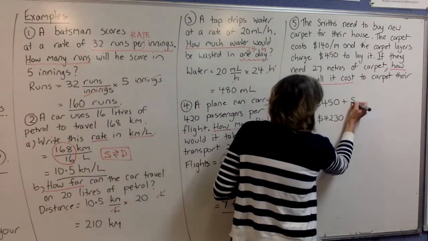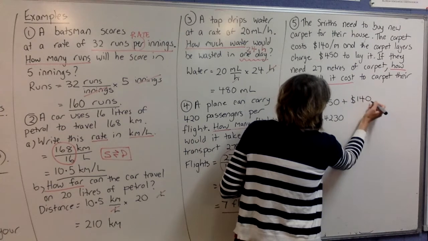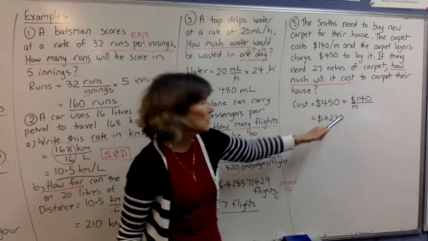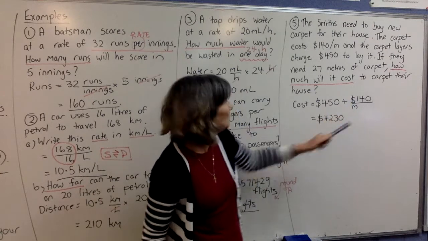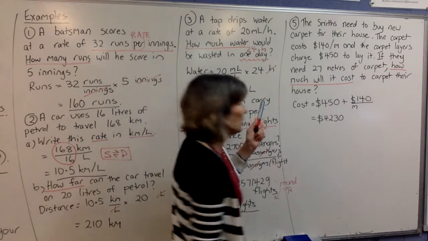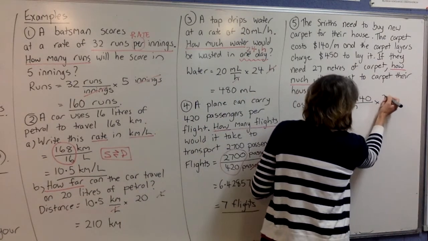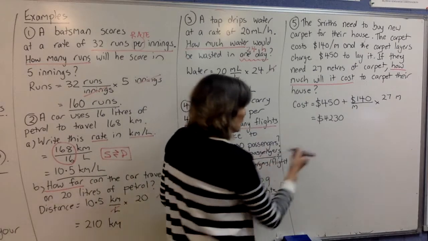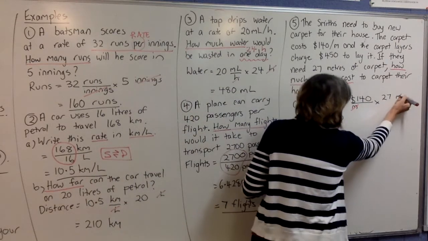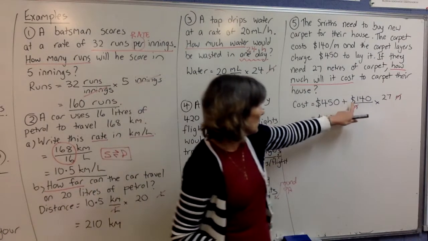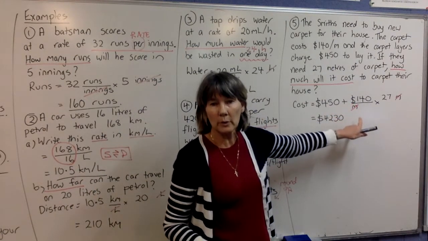So $140 per metre. I'm just writing the units under each other like that. And then we're going to times by the number of metres, which is 27. So watch what happens. Those two units will cross out from the bottom and the top. Okay, and that will just leave us with dollars, which is what we want because we're trying to find the cost here.